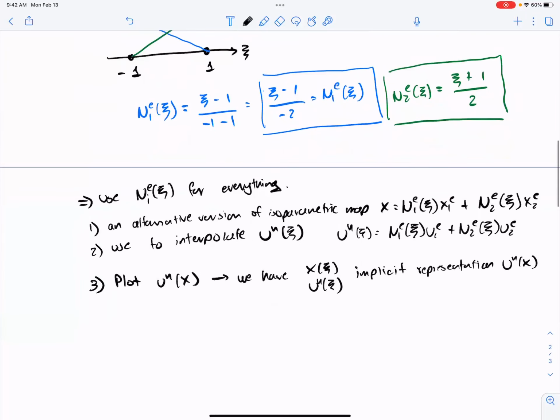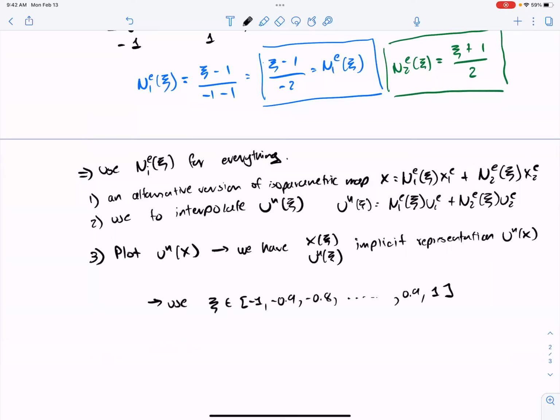So that means I can generate a bunch of points between -1 and 1, and then evaluate both x as a function of xi, which will give me a vector with all the x components that correspond to those xi components.